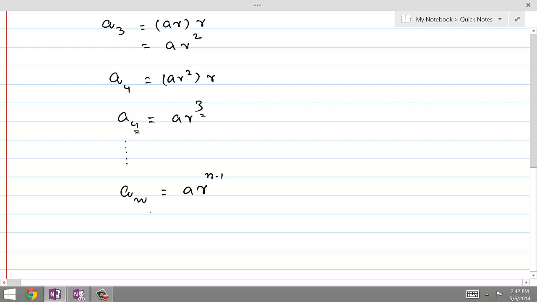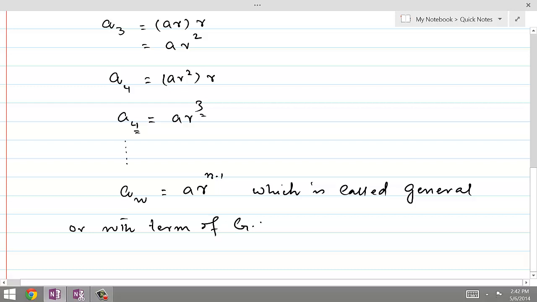This is called the general term, or nth term, of a geometric progression.